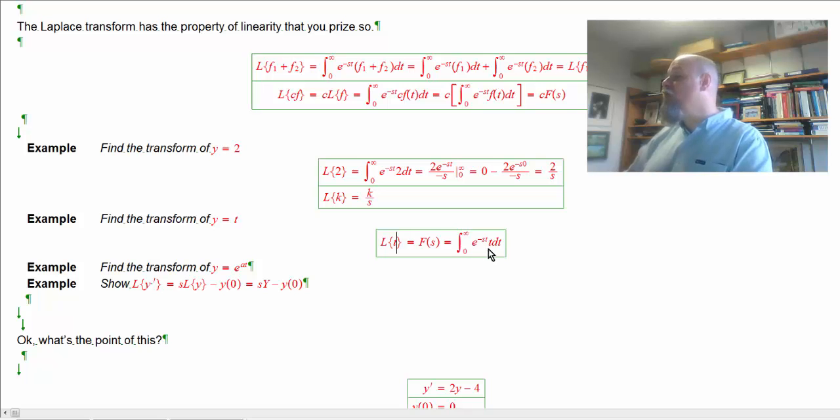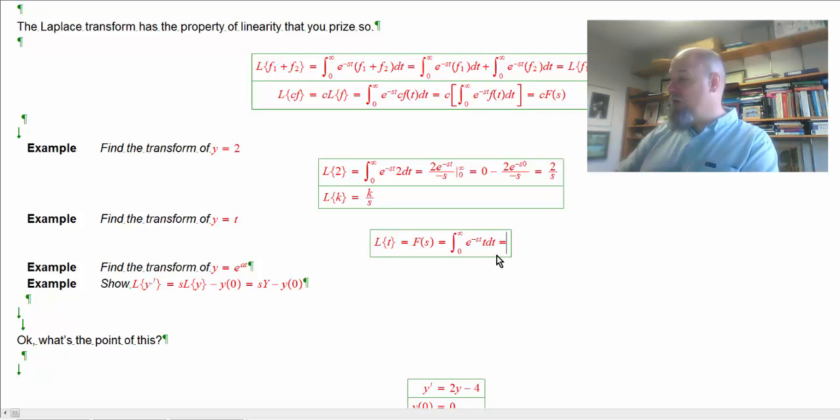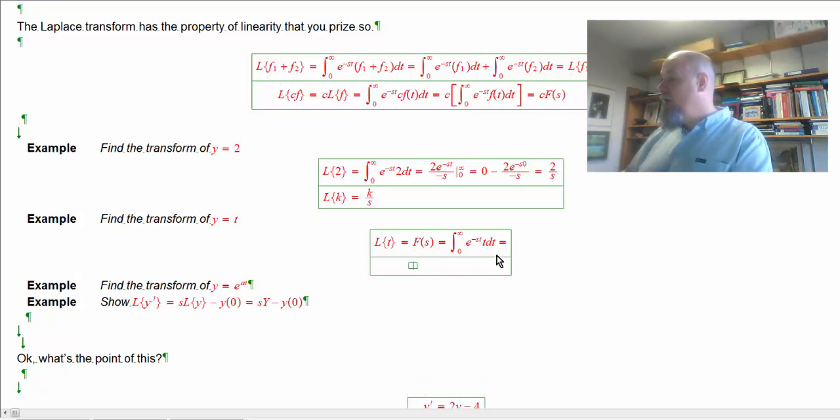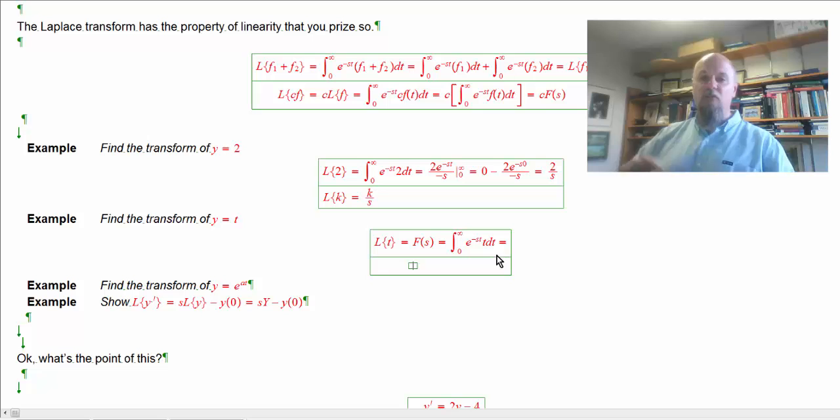Now here I'm going to have to do integration by parts to do this integration. So in the integration by parts, I need one piece to differentiate. Here's where I got to think about notation. Some people do integration by parts with f and g prime. Some people do it with u and v prime. It's whatever you're comfortable with.